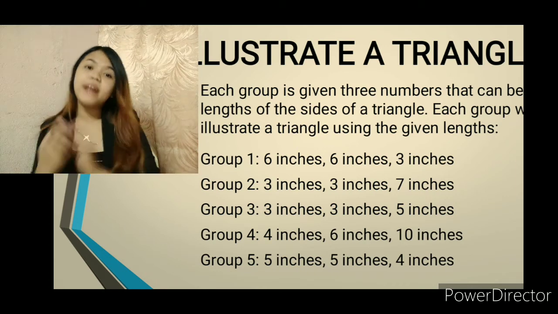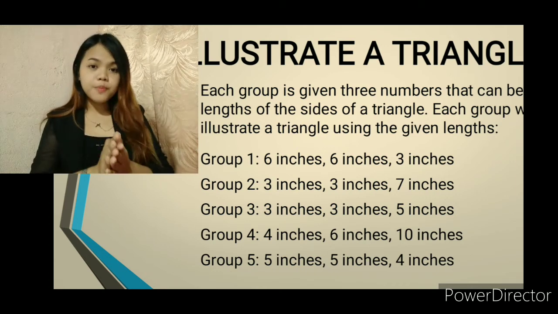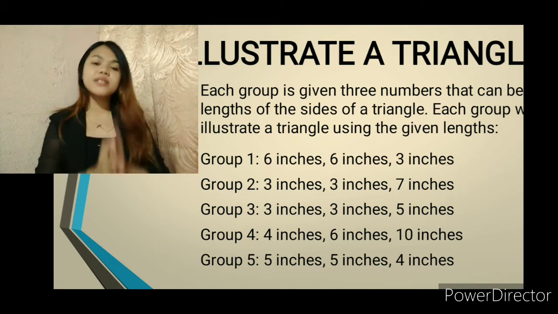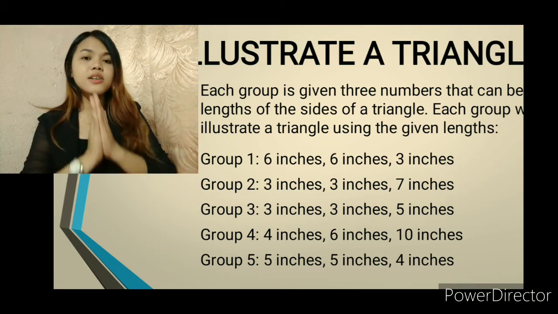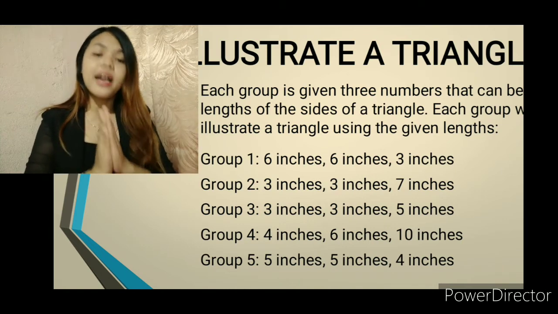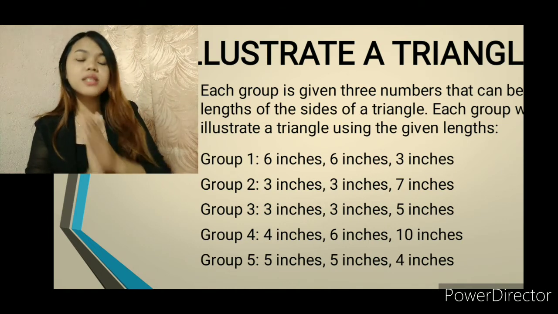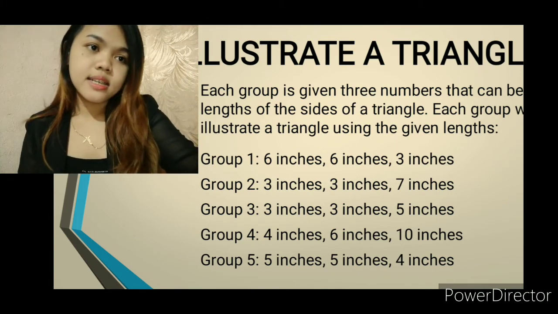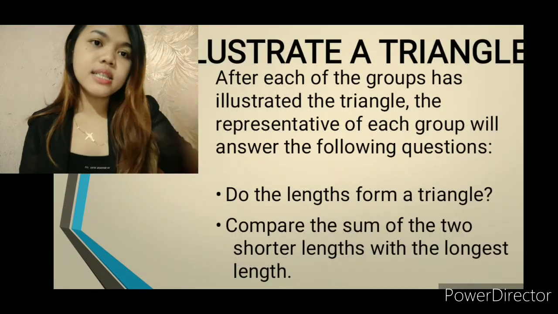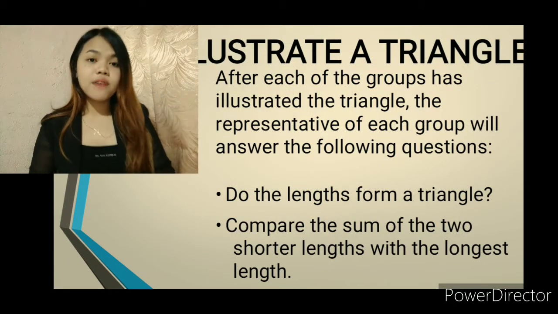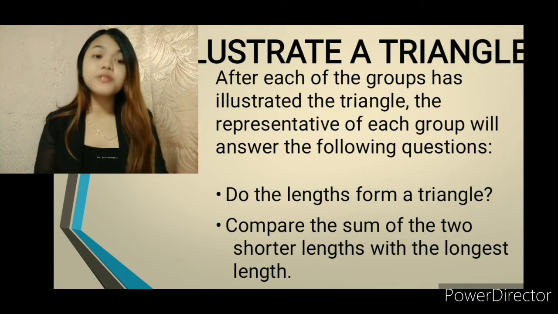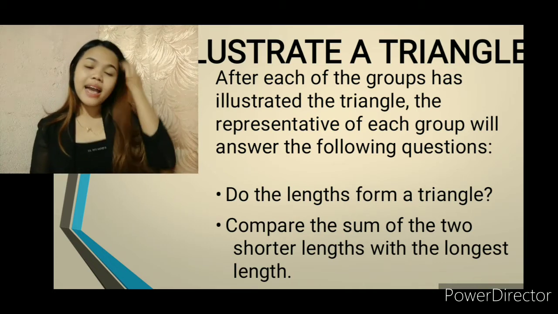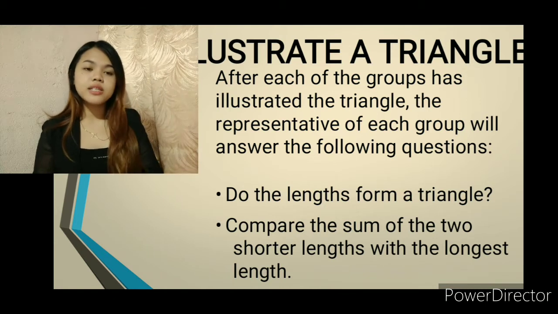Okay? So by the way, each group will choose one representative. The representative will be the one to tell their answers, and you will also tell the answers by these guide questions. So after each of the groups has illustrated the triangle, the representative of each group will answer the following questions.